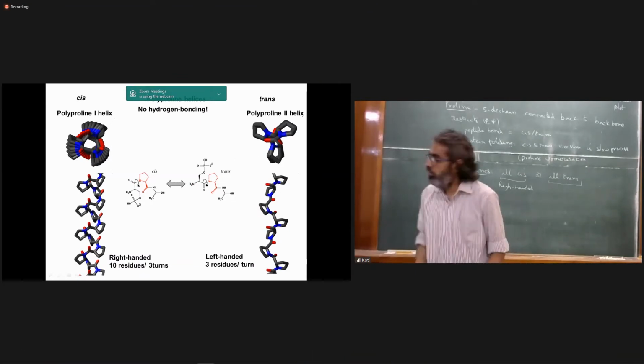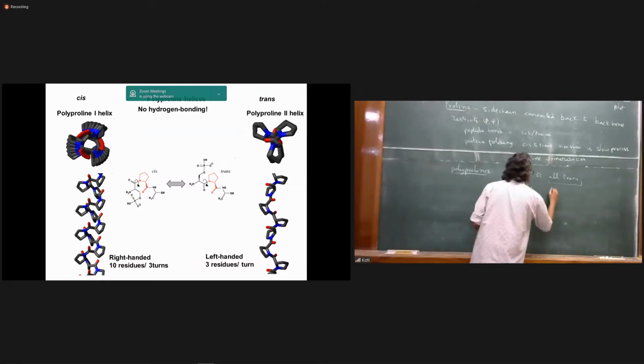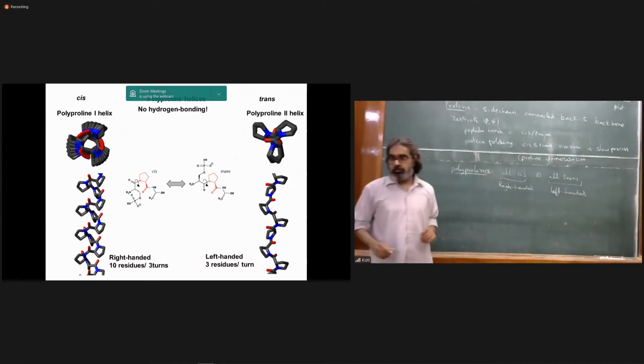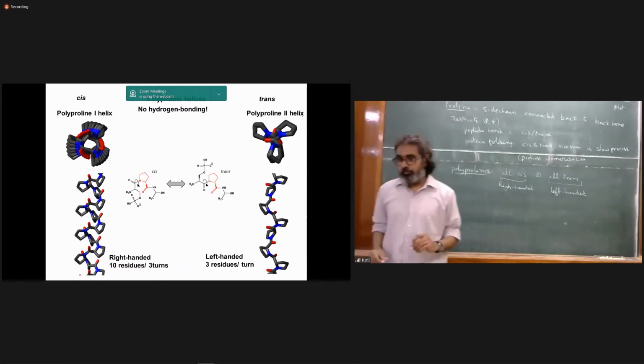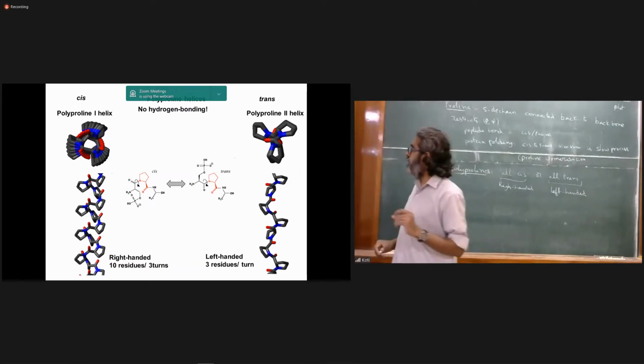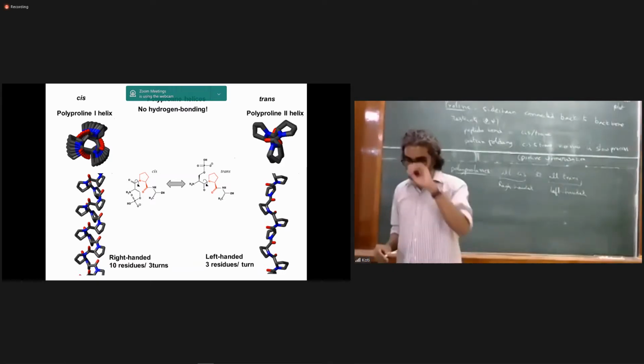So this is left-handed. This right hand and left hand is due to the backbone cis-trans isomerization. It's not due to any side chain thing.